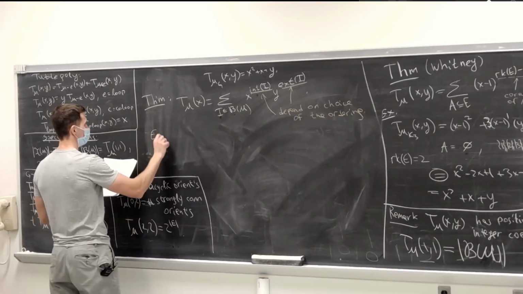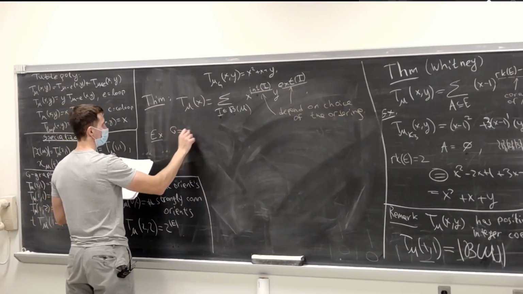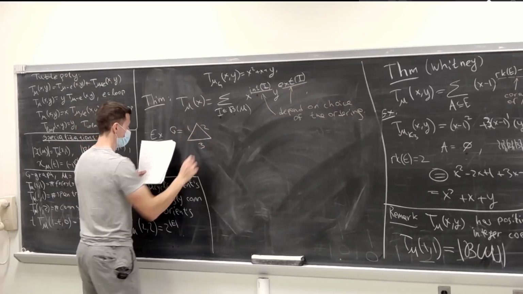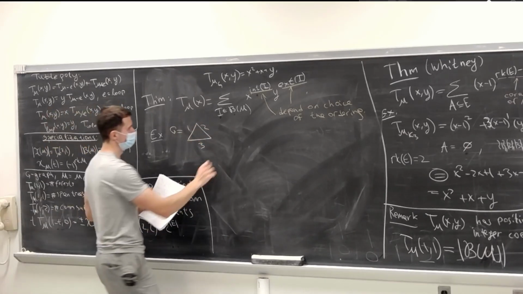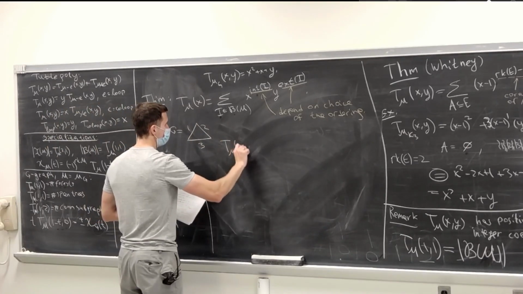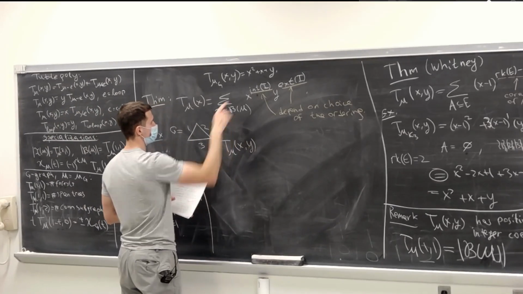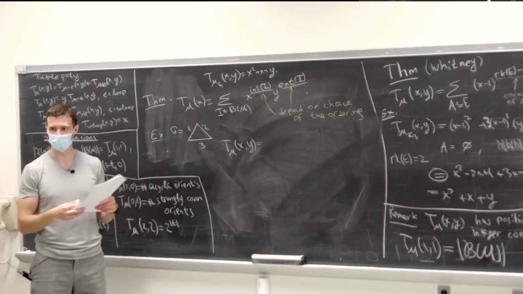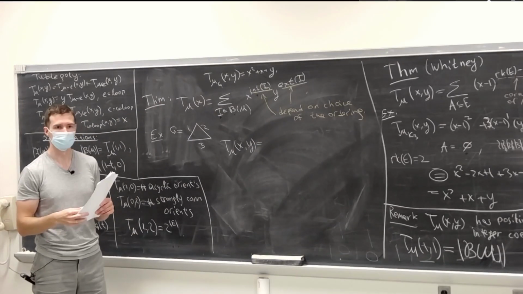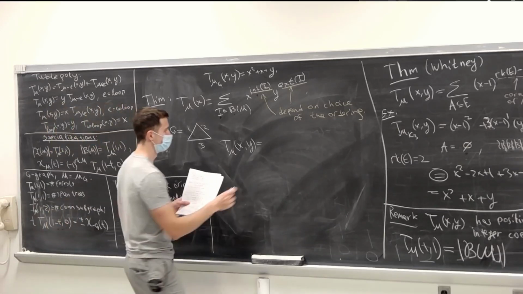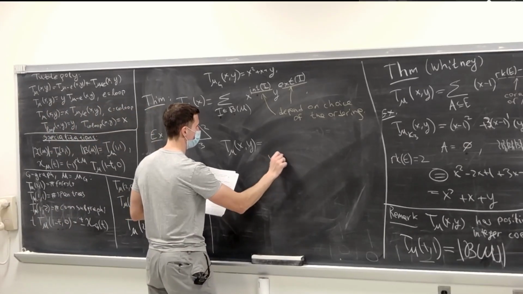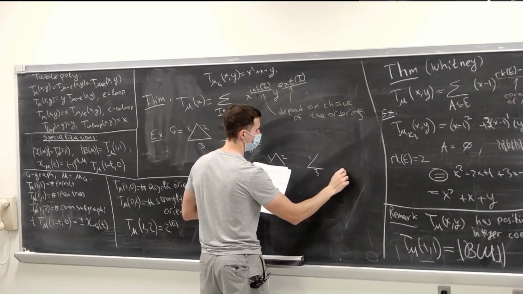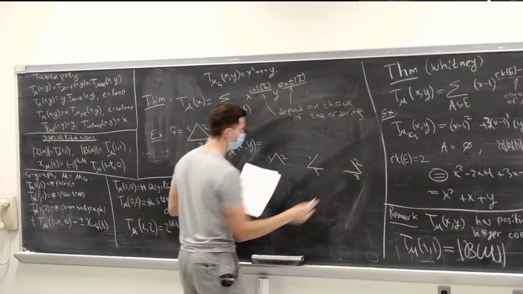Let's say G is my graph as usual, the complete graph on 3 vertices. Then I want to compute its Tutte polynomial using this formula. So let's see, how many bases do I have? 3. Okay, 1, 2, and then 1, 3, and 2, 3.